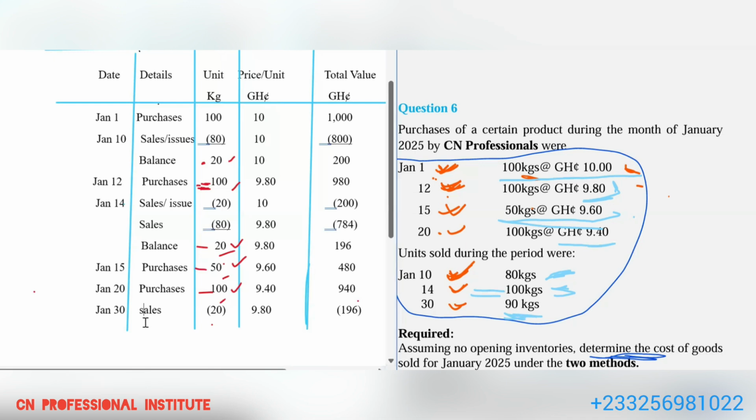Then we are also going to sell the 50 units, right? And the 50 units were at 9.60, that's the price at which we purchased it. So 50 at 9.60, and when we multiply it, that should give us 480.